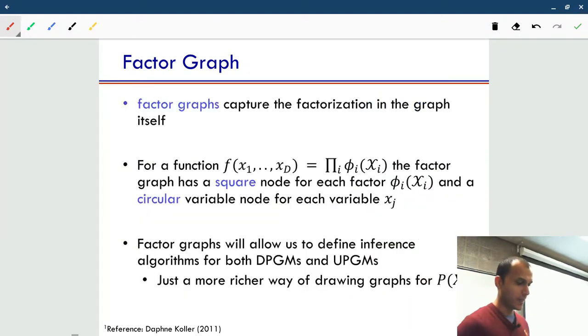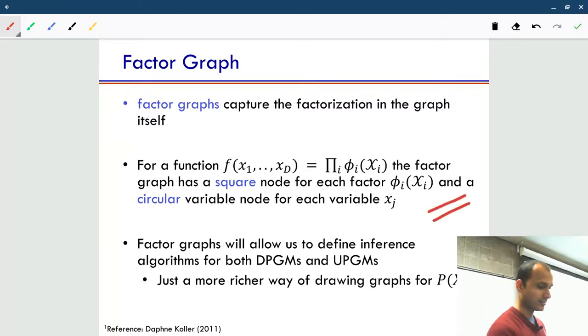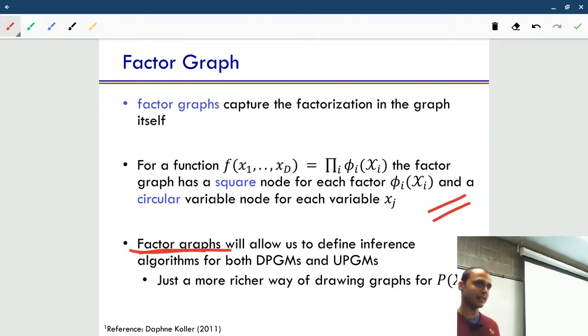And what I just said is told in a textual manner here, and with the notion of factor graphs, we don't really have to think about directed and undirected graphs separately, okay?